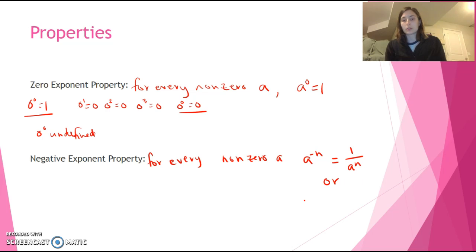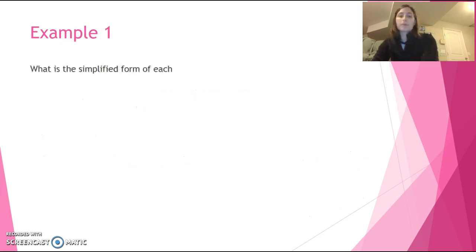Or 1 over A to the negative n is equal to A to the n. So basically with negative exponents, we move where it is. If it's in the numerator, it gets moved to the denominator. If it's in the denominator, we move it up to the numerator. That's negative exponents. So let's practice this a little bit.